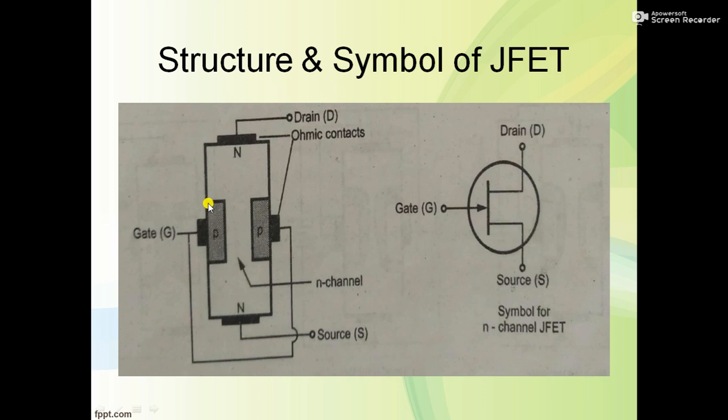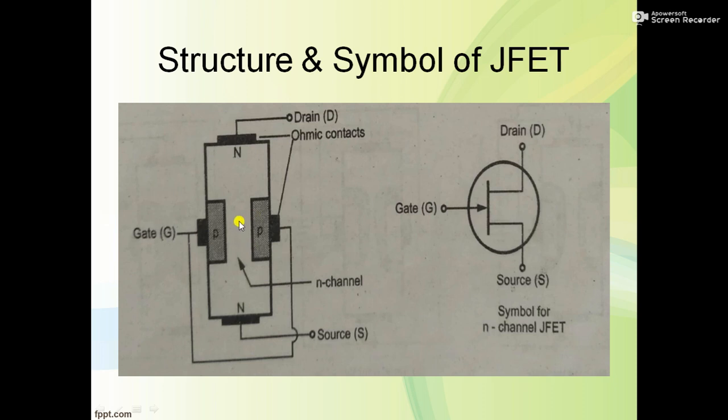And the terminals taken out from the heavily doped electrodes of P-type material are called the gate or gates of P-type material.